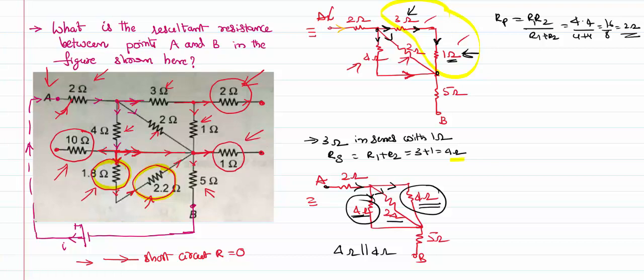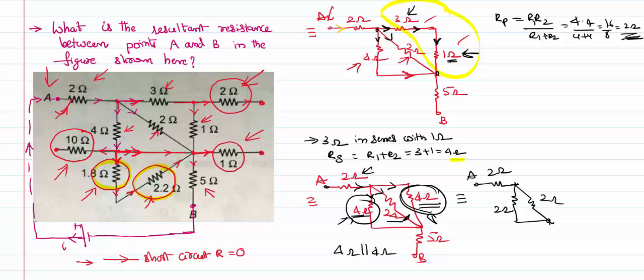Then what will be my equivalent circuit? If you draw an equivalent circuit from A, there is 2 ohms. Instead of this 4 and this 4, I can draw only one resistance, that is 2 ohms. There is another resistance, 2 ohms.